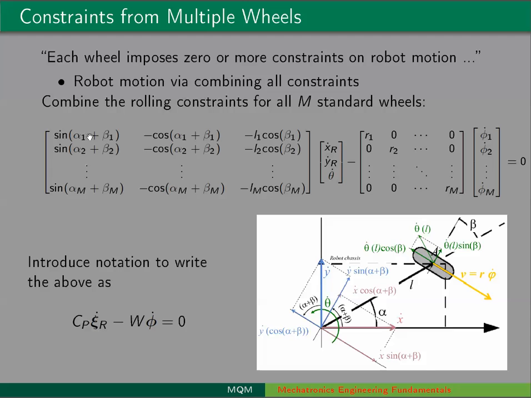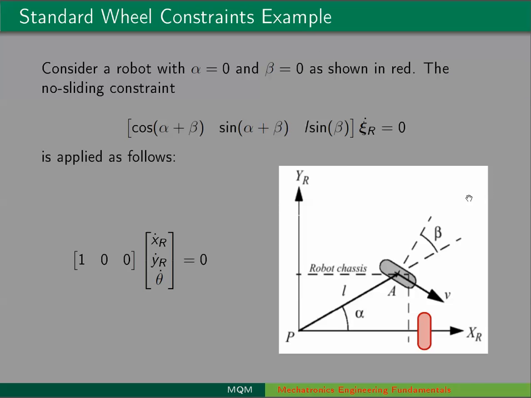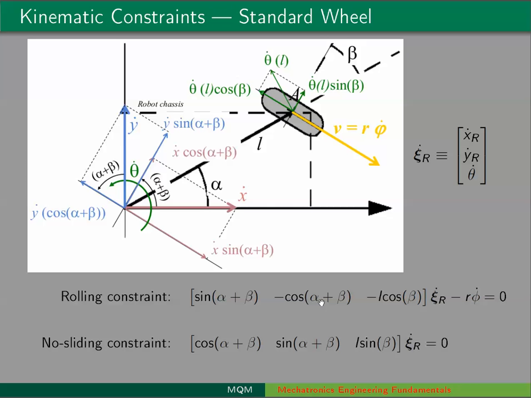So here are the terms locating each wheel, alpha and beta and L, for each of the M wheels. And then this diagonal matrix is just the radius of each wheel. And then we have a vector with the speed of each wheel. And so that was just writing this equation for all M wheels and then stacking it.